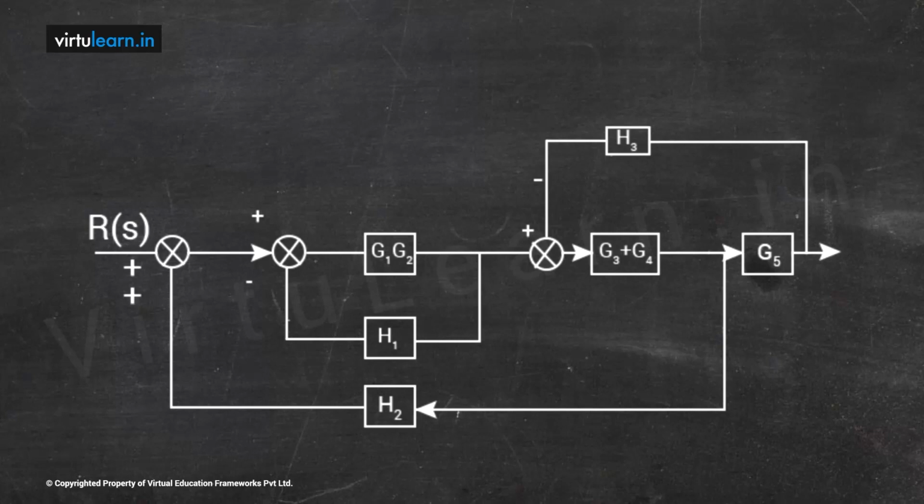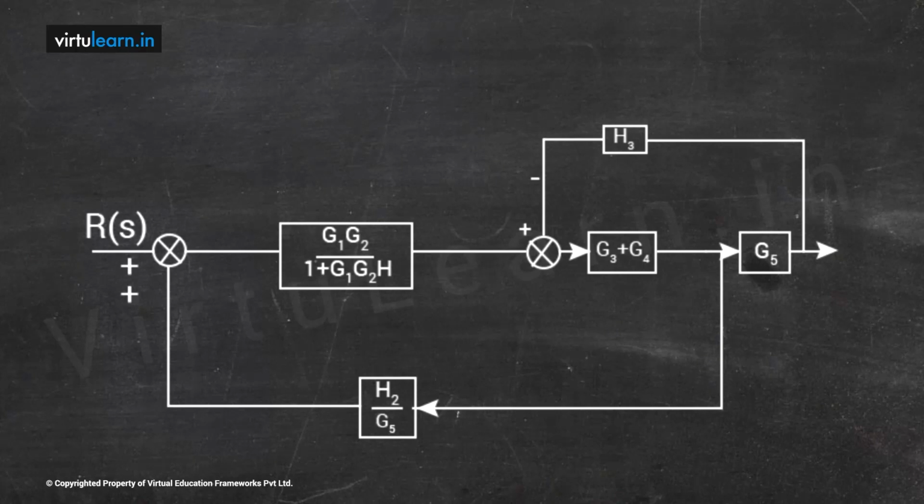Now again look at the block diagram. On the other side of it, here I have G1, G2 which are cascaded, therefore they can be multiplied. The resultant will be G1 G2, and we have feedback H1.